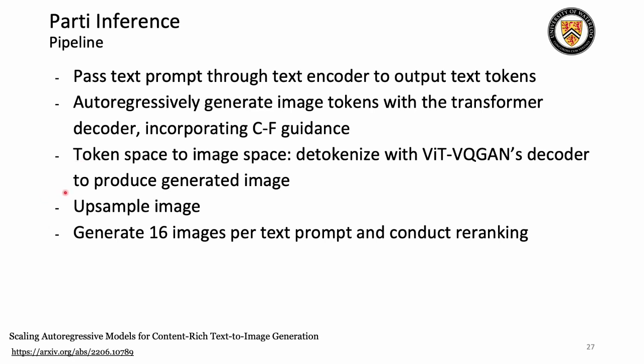Following detokenization, the generated image may be upsampled to achieve higher resolution. To ensure diversity and select the best outcomes, the model generates 16 images per text prompt. These images are then subjected to re-ranking based on alignment score of image and text embedding of the CoCa model.